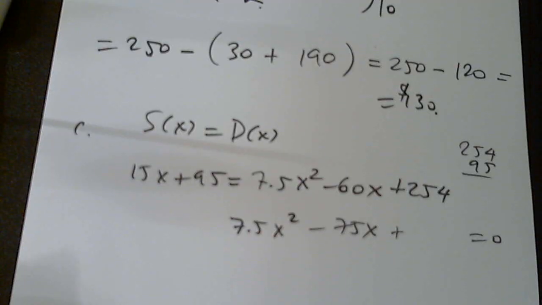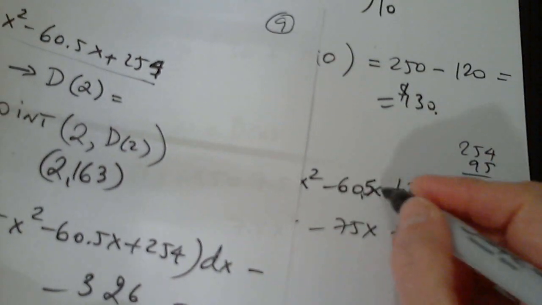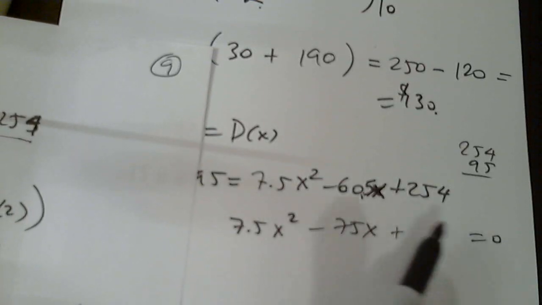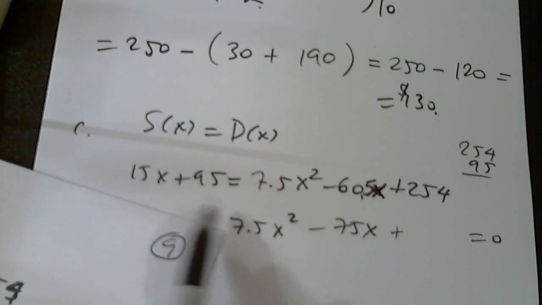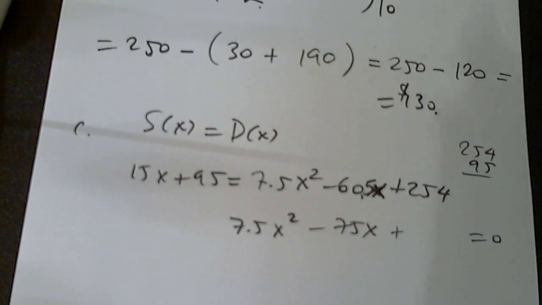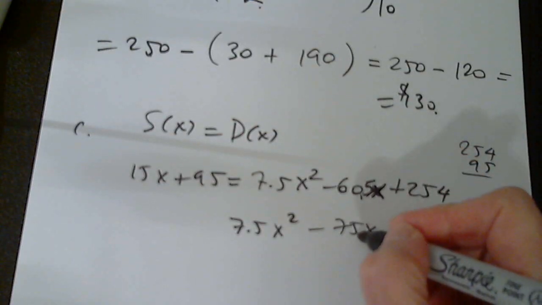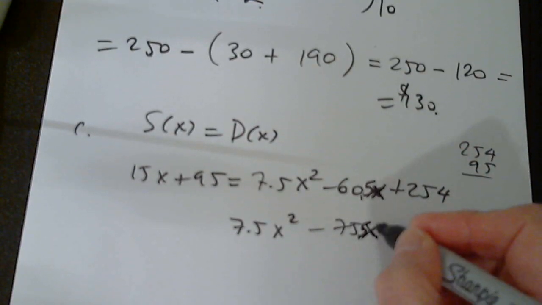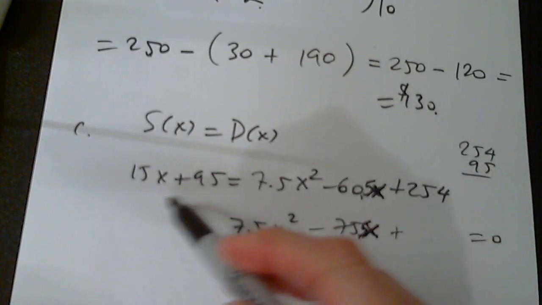I didn't copy the whole thing. You're right, there was some decimal point there. Yes, thank you very much. Sorry about that. Let me check now everything. Yes, okay. So this is 60.5. So 254 and then minus 95.